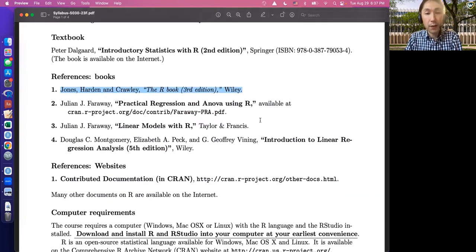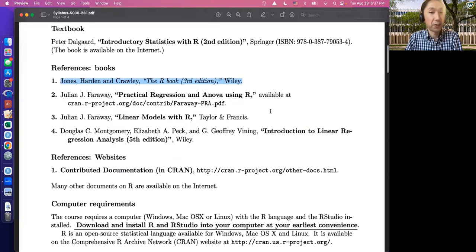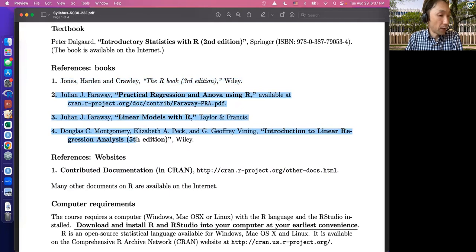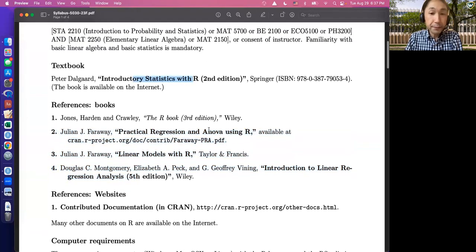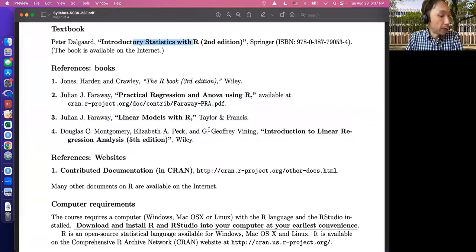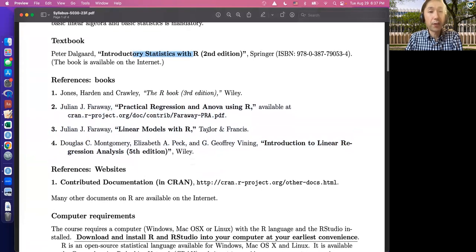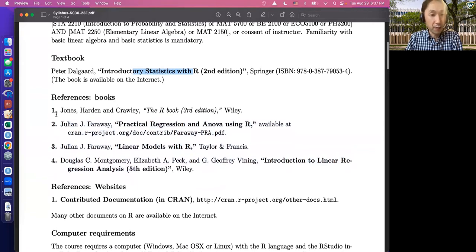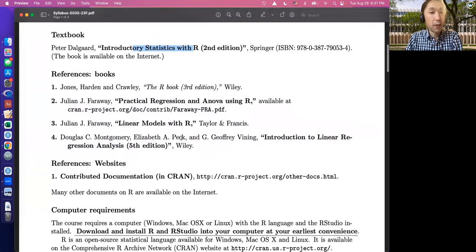The second edition is available on the website, but I couldn't find the third edition. The other books, the second, third, and fourth, are books for statistical analysis in R, and they mostly correspond to chapter 6 and later of this textbook. If you feel the explanation is not sufficient in the textbook or reference 1, you can refer to the second, third, or fourth one. At least the second one is on the website.